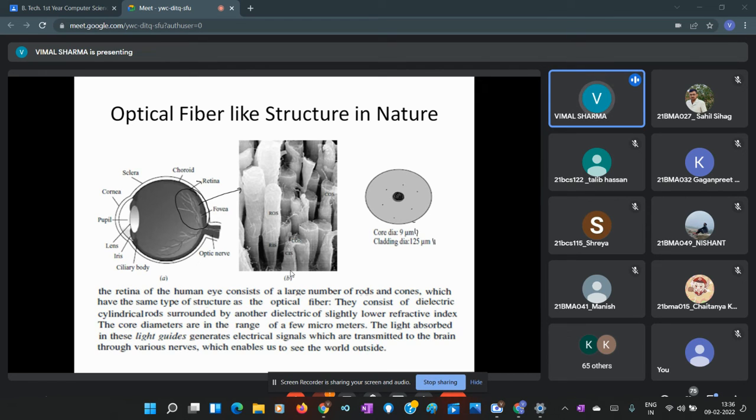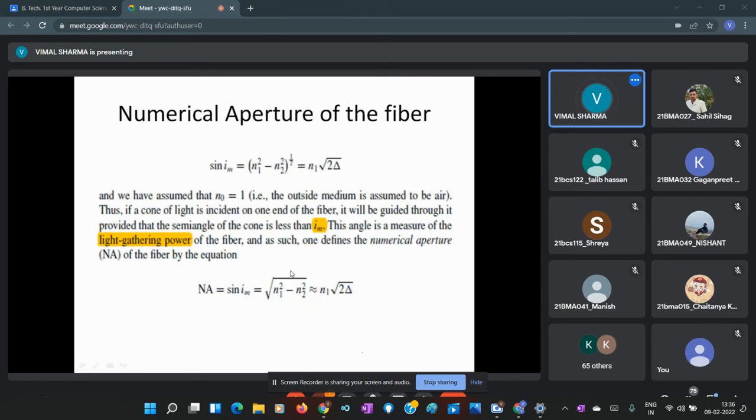And their size is also of the same range, as you can see here. Core diameters are a few micrometers, and the light absorbed in these light guides generates an electrical signal which is transmitted to the brain. And this enables us to see the outside world. So this is a very interesting thing.